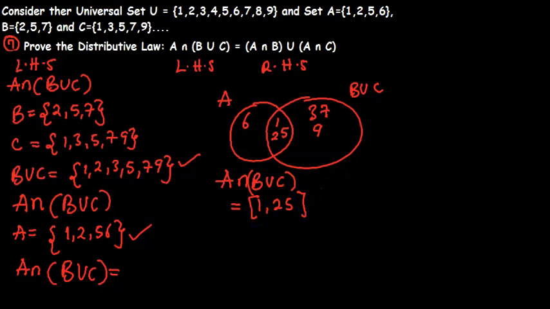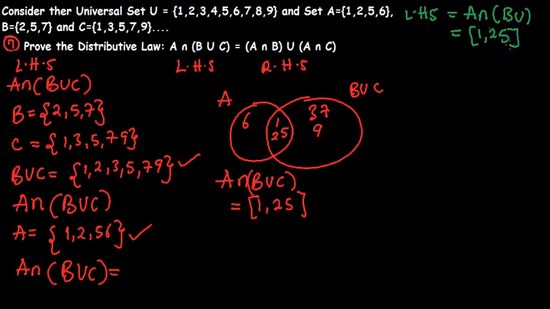Let's write it somewhere. Therefore, for the left hand side, A intersection (B union C) is simply going to be 1, 2, and 5.